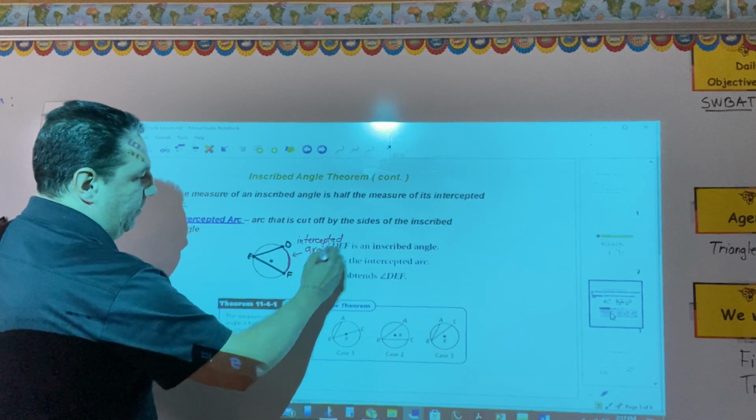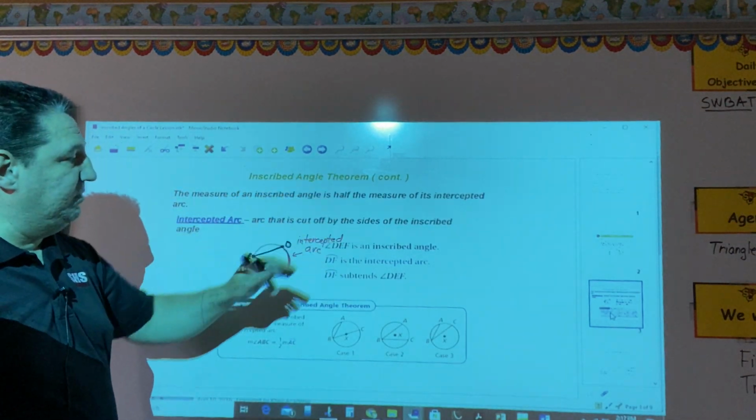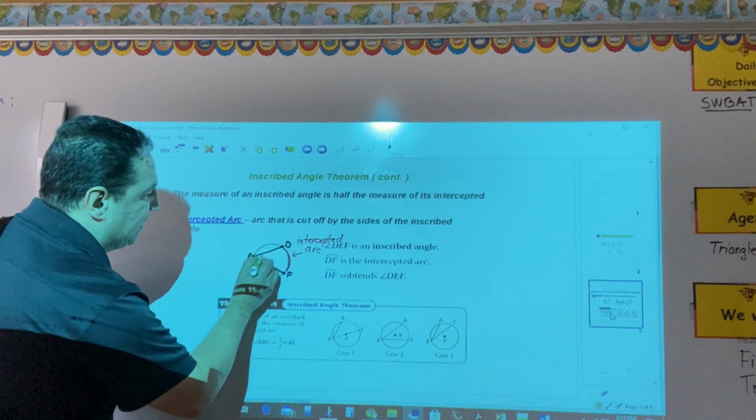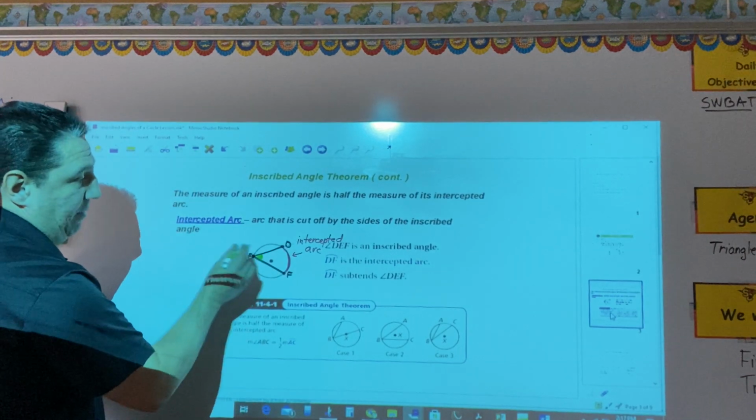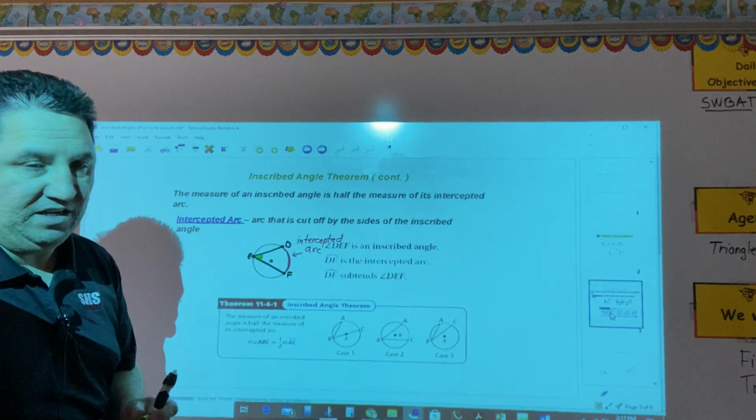And the inscribed angle theorem states the measure of this inscribed angle is half of the measure of the intercepted arc.